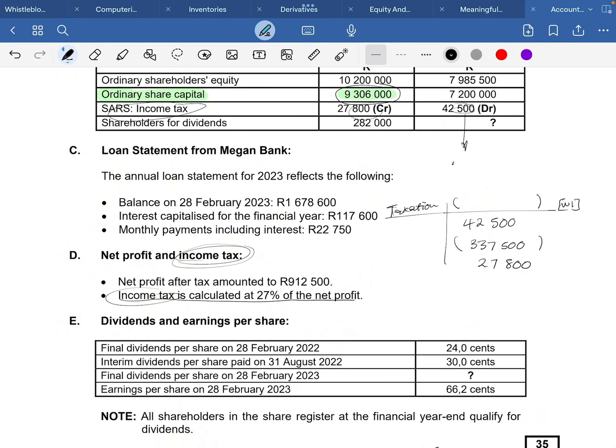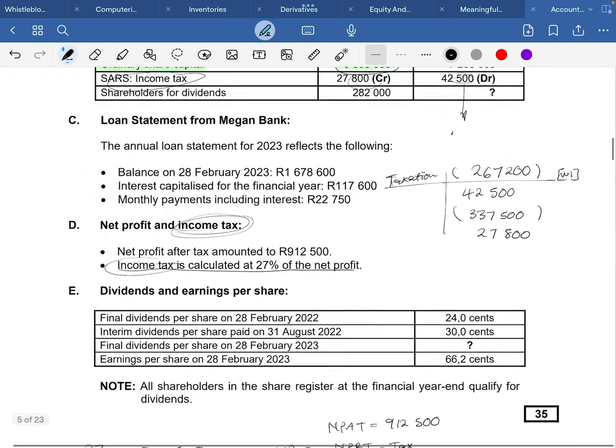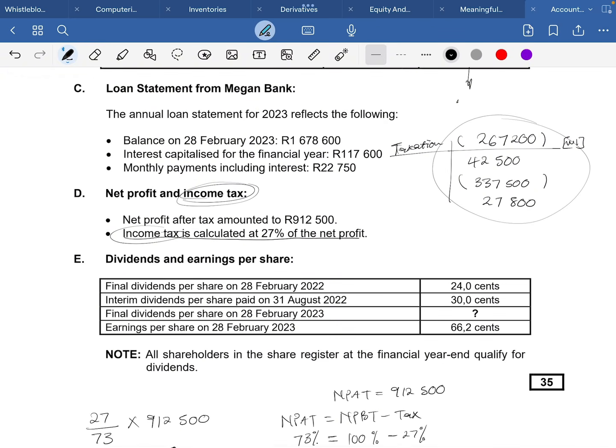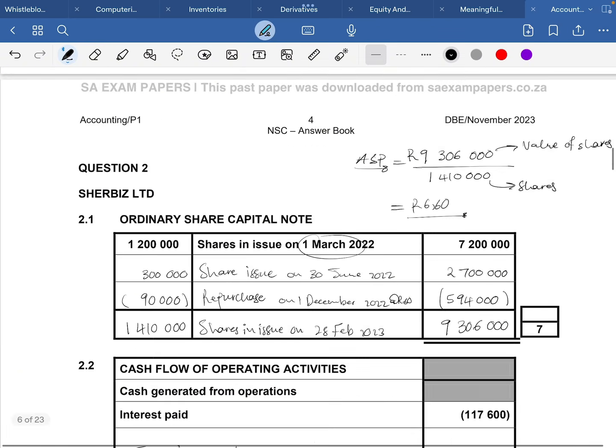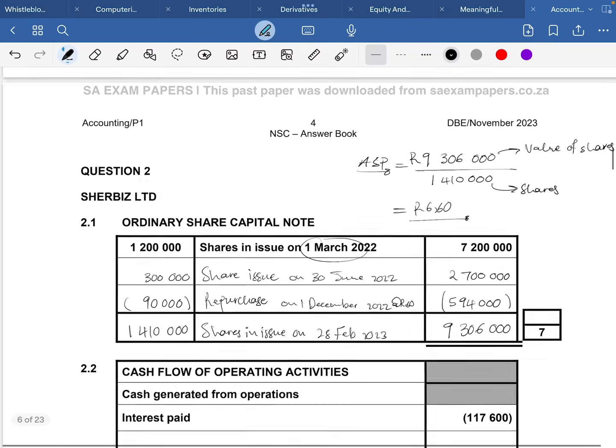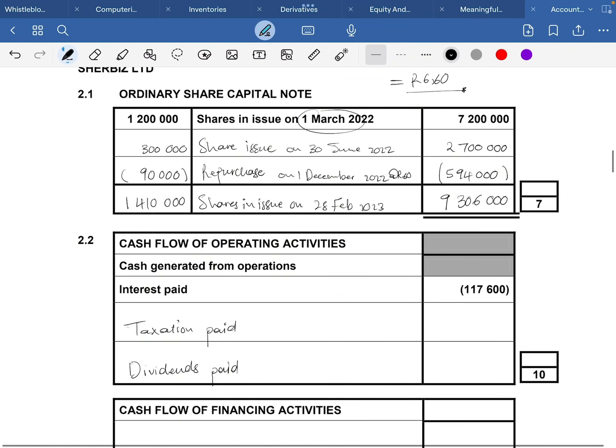Then now we'll just calculate how much we have paid in the form of tax. So we have an outflow of 267,200. So you can just take these amounts and write them down here as your working. So the final answer is 267,200.